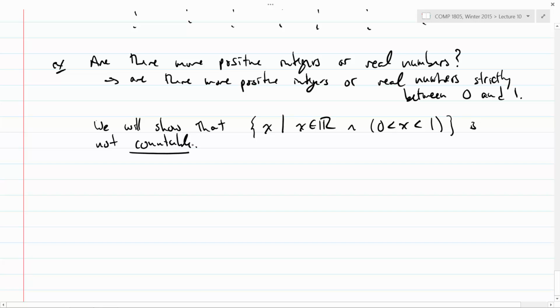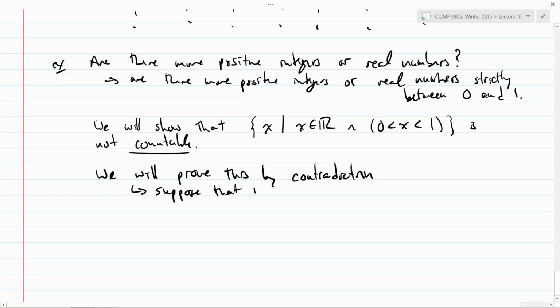And the way you prove this, or one way you can prove this, is by contradiction. All right, so if we want to prove it by contradiction, we suppose that it is countable.